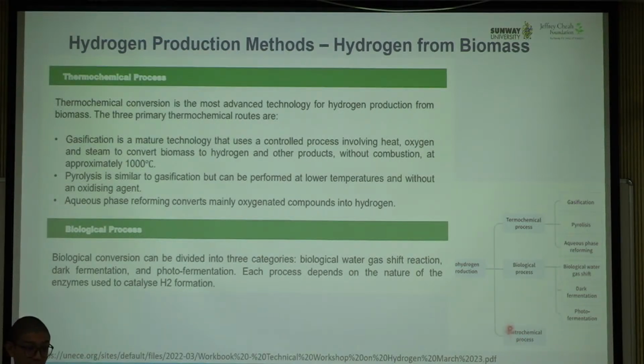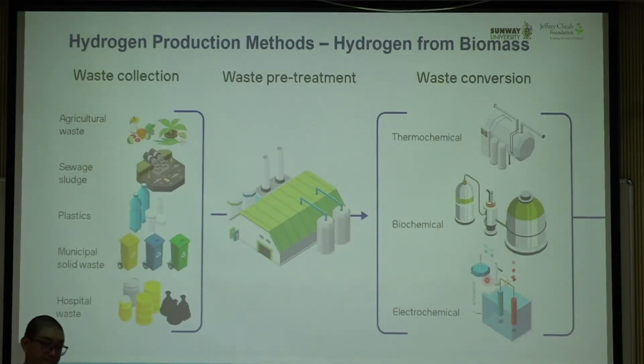Normally, the biomass we use for the electrochemical process is wastewater, sewage water, or other liquid forms of biomass that contain some bacteria or biological organic compounds. Then we can go through the electrochemical process to produce the hydrogen.